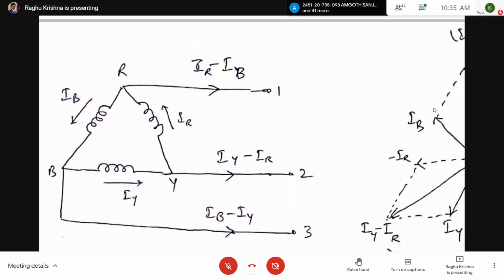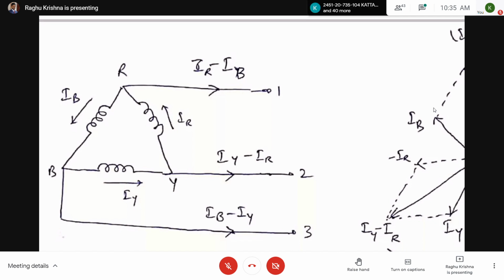Those are line 1, line 2, line 3. In order to differentiate line current and phase current, I have taken IR, IY, IB as the phase currents because they are flowing in the coils, phase R, phase Y, phase B. So IR, IY, IB are the phase currents which are flowing in the phases.